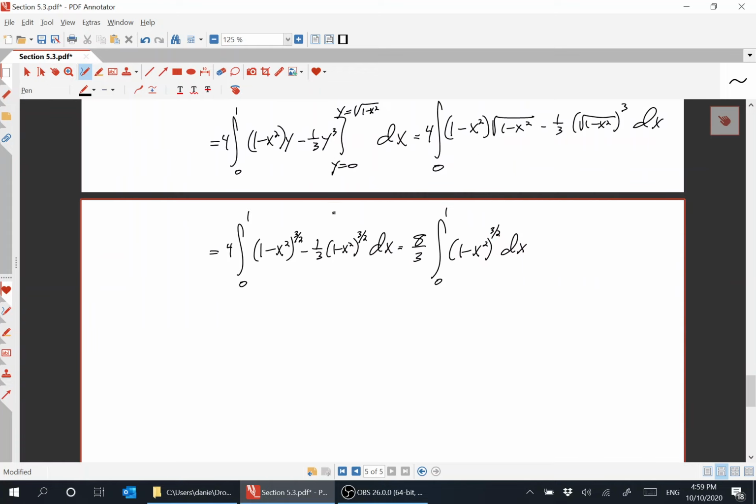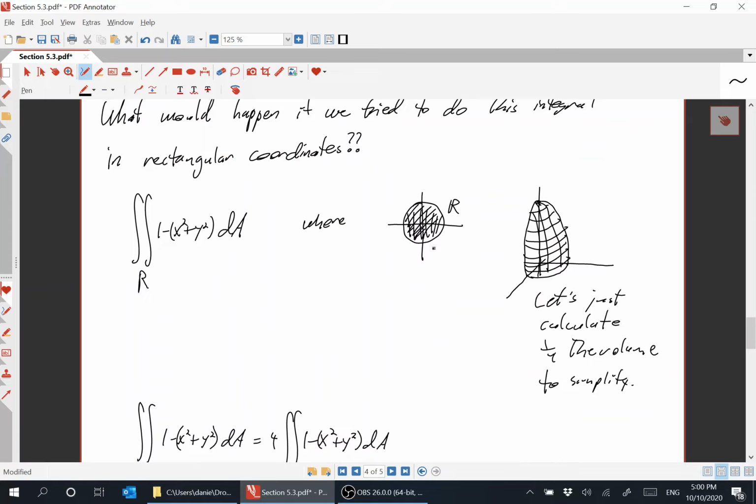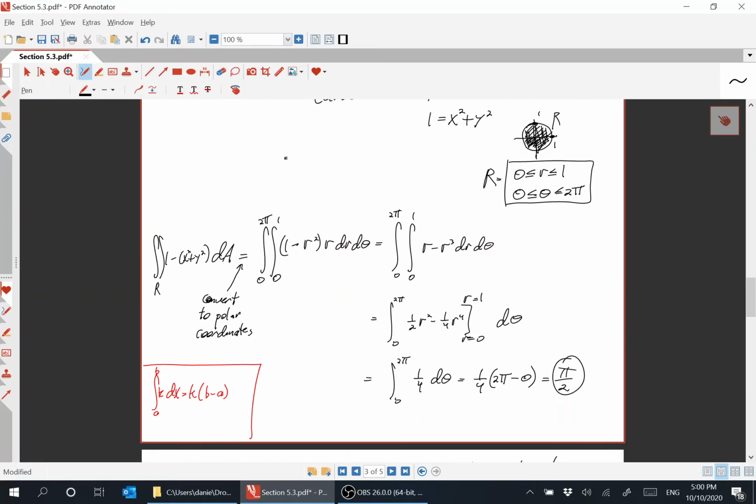How do you solve that integration? Well, how do you get that antiderivative? Does anyone know how that works? Do you remember? That needs a trigonometric substitution, right? So already we really see the advantage of this approach, given certain types of regions and certain types of functions.